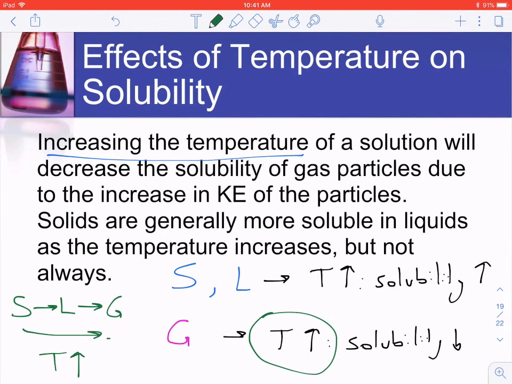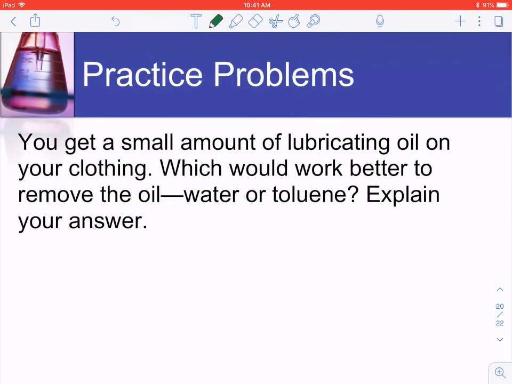It's getting further and further to the right here. It's getting more and more gas-like, which means it's getting harder for us to dissolve more in liquid because they don't really mix well together. So it turns out that if you want to increase the solubility of a gas only, you actually decrease its temperature. So let's pause the video if you'd like. We'll get a little bit of practice here and then you can see how you did.